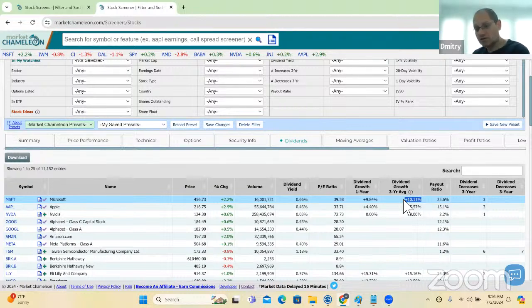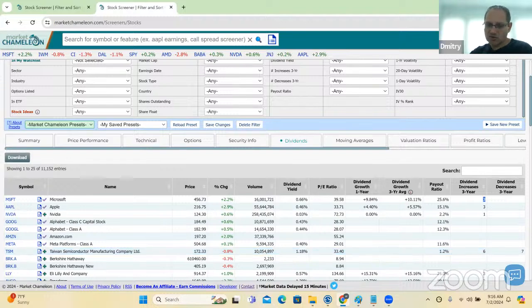And how often did it increase? Did it happen one time, 2 times? This tells us that in the last 3 years, Microsoft increased their dividend 3 times.